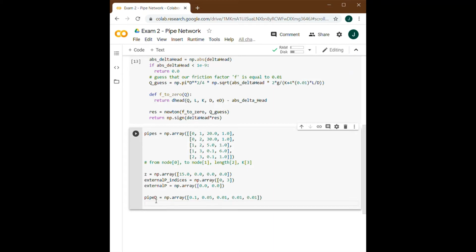First we have to figure out the number of pipes. Sure, I could hard code it because we have 5 pipes, but I'm going to use another function called shape. It's going to take this array here and find the shape of it.